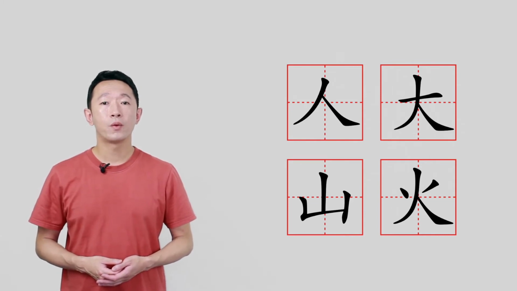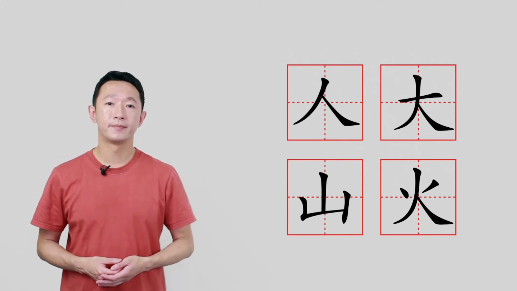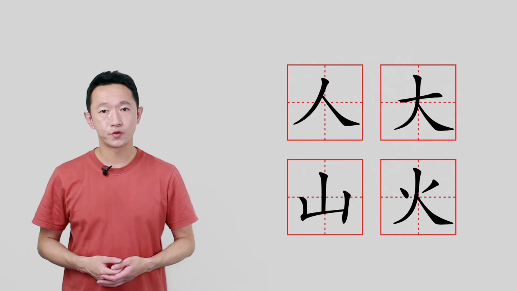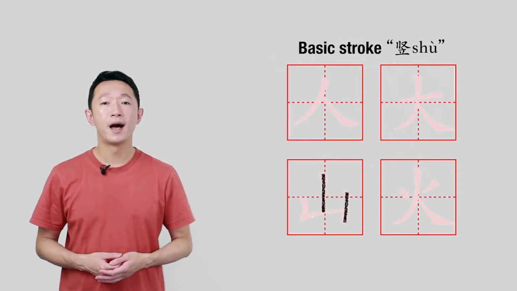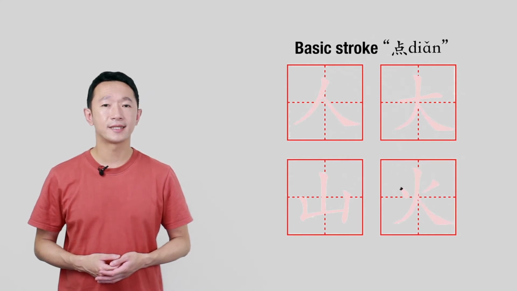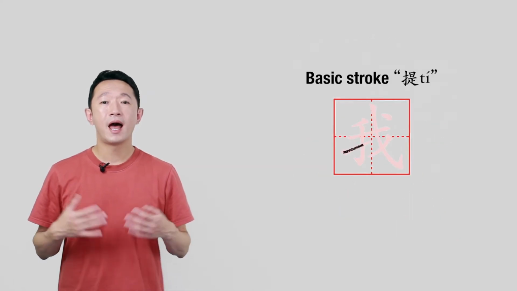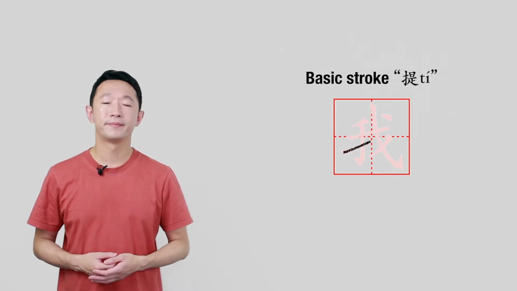Can you tell which strokes are included in these characters? There are 5 basic strokes: 横, 竖, 撇, 捺, 点. Actually, there is another basic stroke, 提.